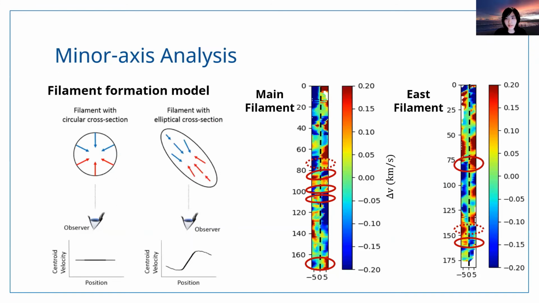So it's clear that the filaments in OMC1 cannot be explained by this model, and it's possible that the filament formation mechanism here is different from those in typical low mass star forming regions. And although we do not observe systematic gradient across the filaments, we do observe some local gradients that could be due to the rotation of these individual cores.